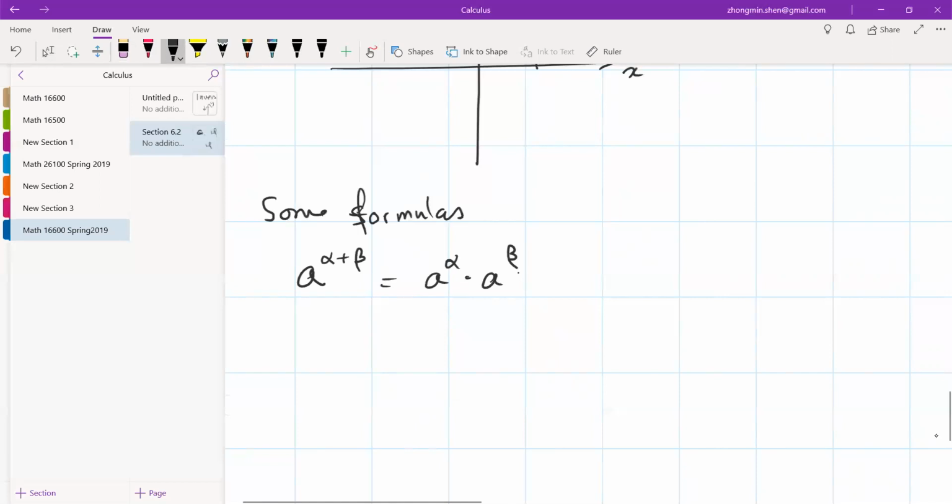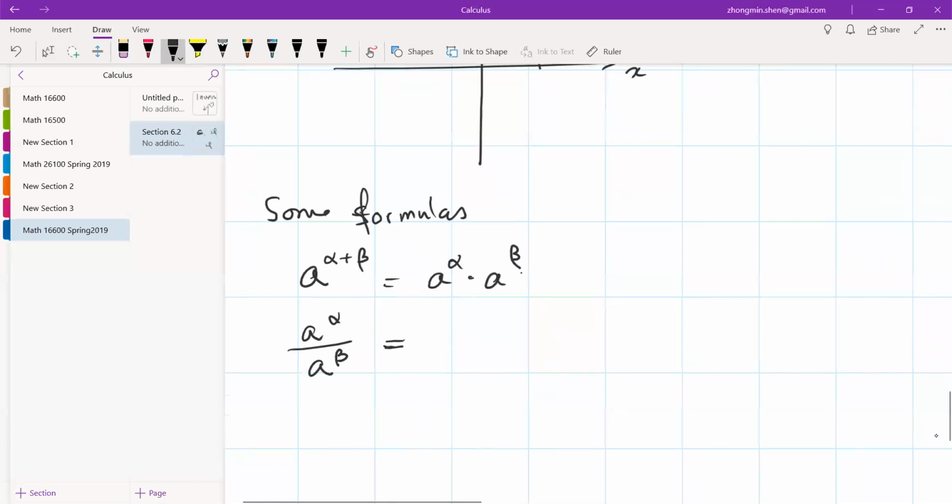Okay, so then the next formula is a to the alpha over a to the beta, which is the same as a to the alpha times a to the negative beta, right?